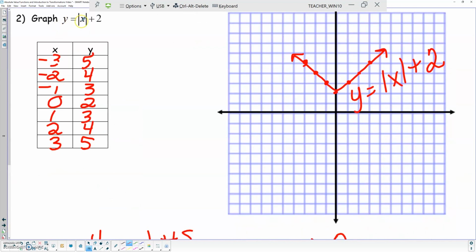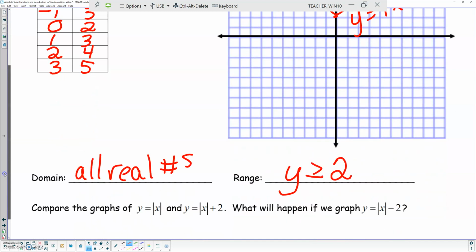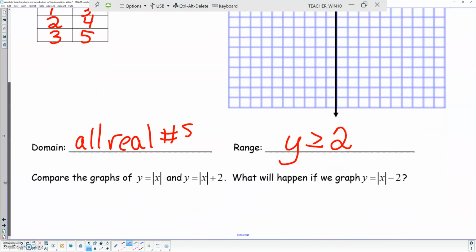When I look at y equals the absolute value of x plus 2, my vertex is at (0, 2). So what happened was all the points shifted up 2 units. All right, so when I add 2 at the end of the equation, the graph shifted up 2 units.